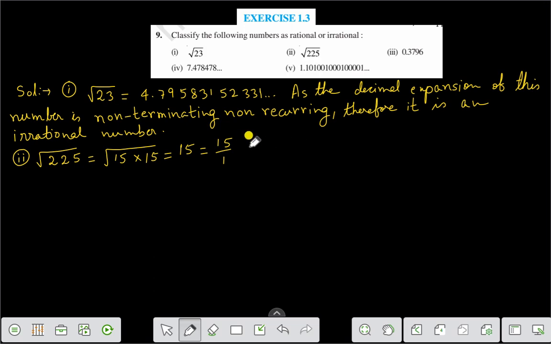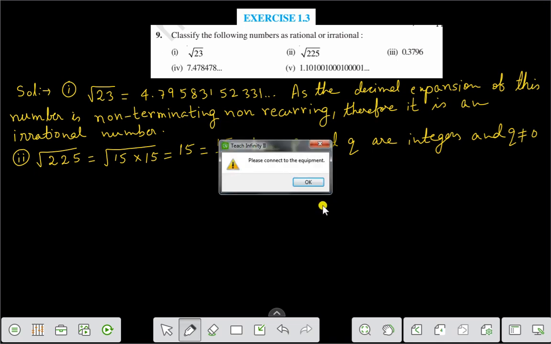Here we see that p and q are integers and q is not equal to 0. Therefore, it is a rational number.